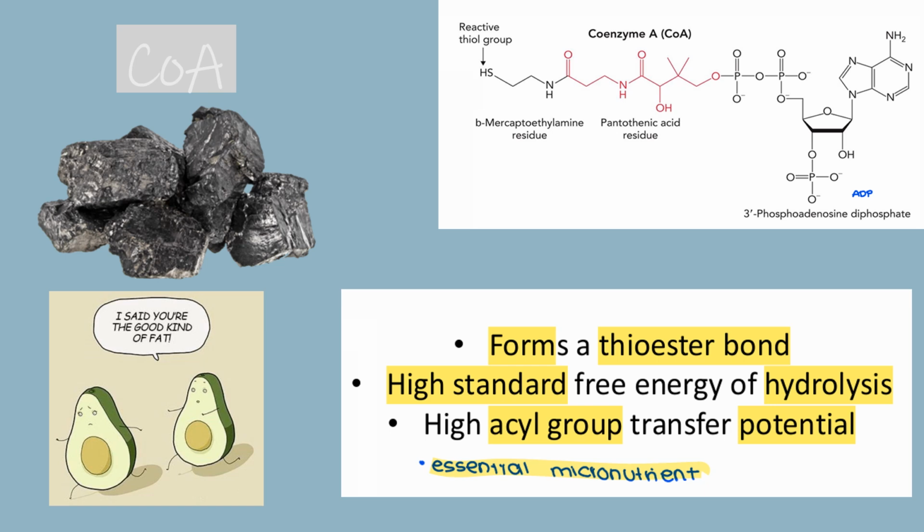We have our phosphate groups, our ribose, all the good stuff. And this is an essential micronutrient. Remember, essential is what we get from other things to aid us, so it's not naturally produced in our bodies. And remember, coenzyme A is cow, and we're all good to go on what coenzyme A is.